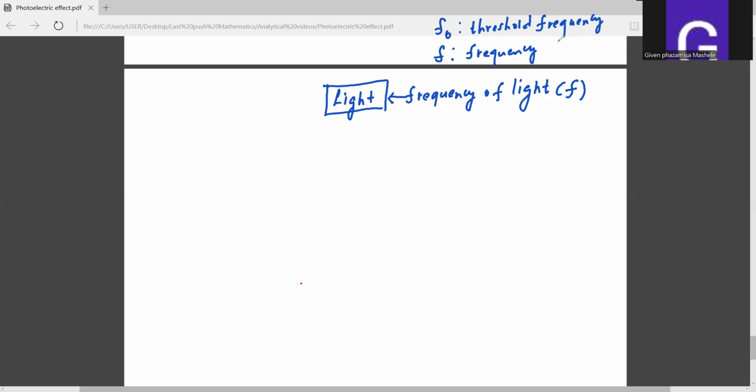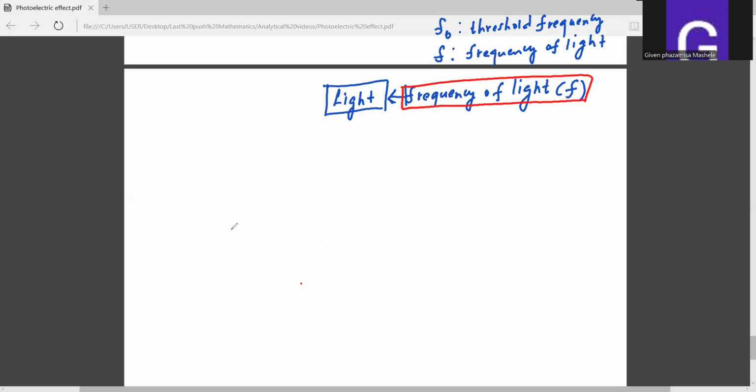So, consider we have a light, and this light has its own frequency. Now we assume this light has to shine onto a metal.